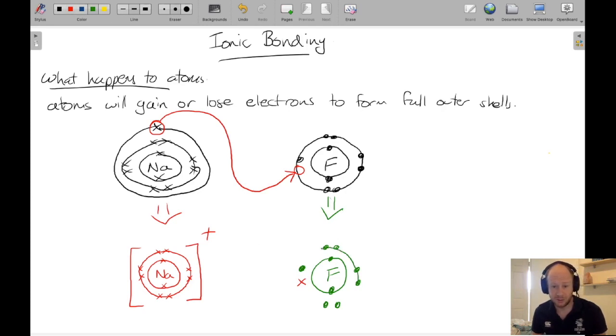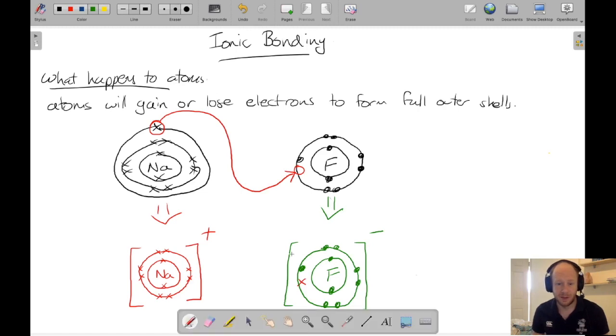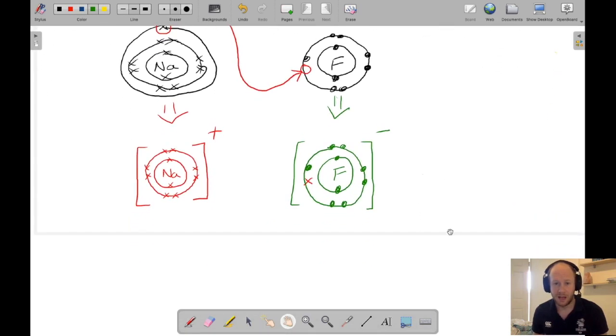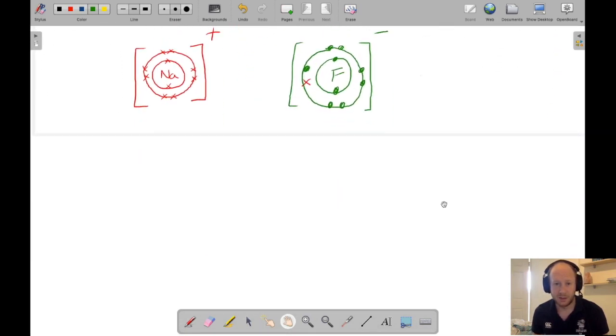So if I just draw the shell, I'm getting so much better at drawing these shells, and then put these square brackets in, and obviously this one would be a minus charge there. So this is what happens to the atoms in this situation. Now, let me just scroll up and let's crack on with the next bit.